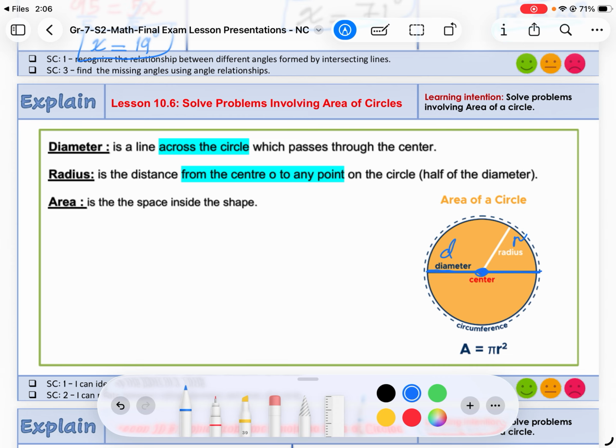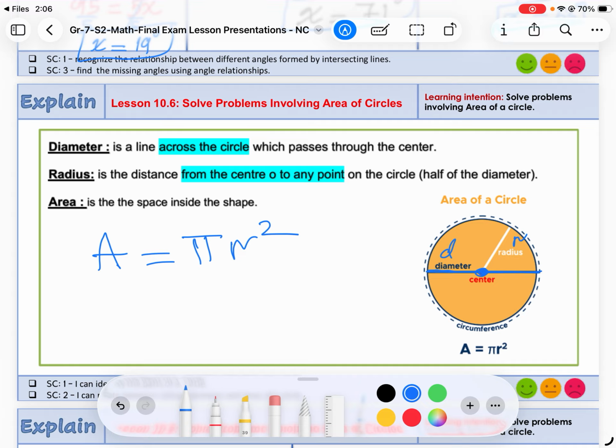Area, of course, is the space inside the shape. First of all, we need to know the formula we use to find the area of the circle, which is area equals pi r squared. Now, pi, you have options. Either you leave pi as it is, or you substitute the value of pi and then do your math.